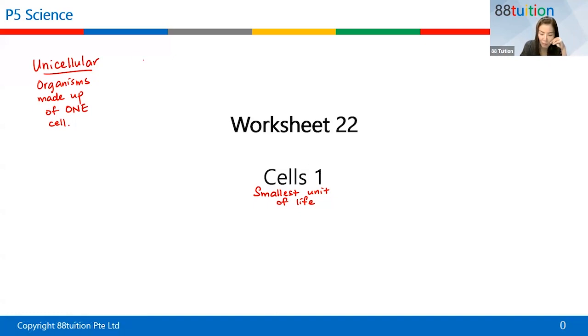Wow, some people actually start giving me all the examples. Good. So the other category, other than just one cell, the rest will be many cells. So this is what we are going to define them as. They are known as multicellular organisms, meaning they are made up of many cells.